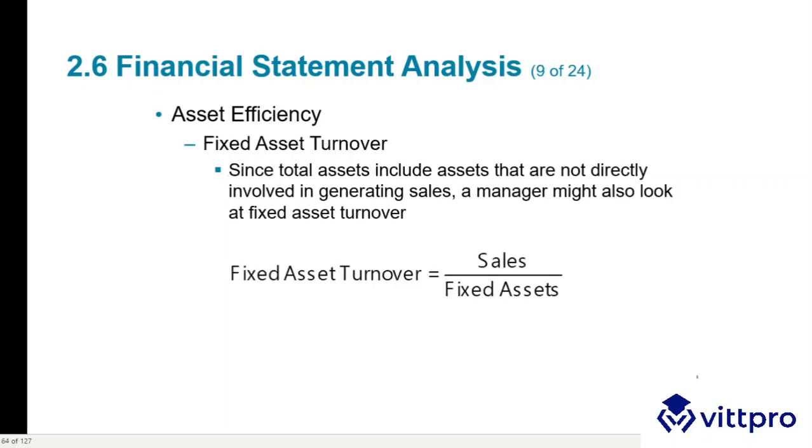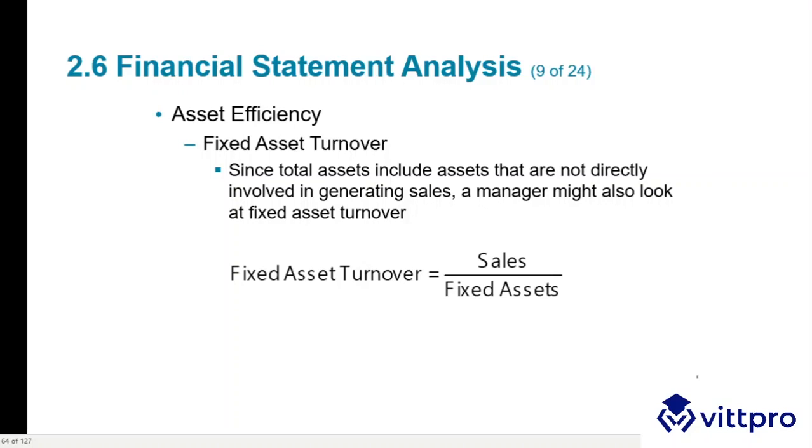So assets include, as we said the previous time, fixed assets, and may also include investments, construction in progress, or any items that you may not have actually used in the business operation. So there is another turnover ratio, the fixed asset turnover ratio, which is usually involved only in selling, direct revenue-generating activities.